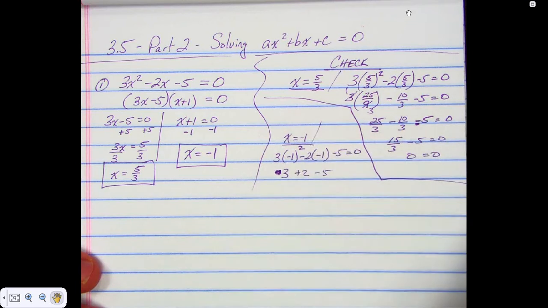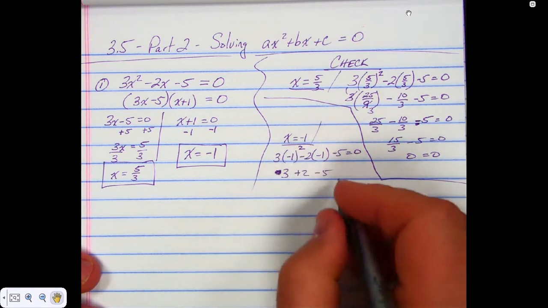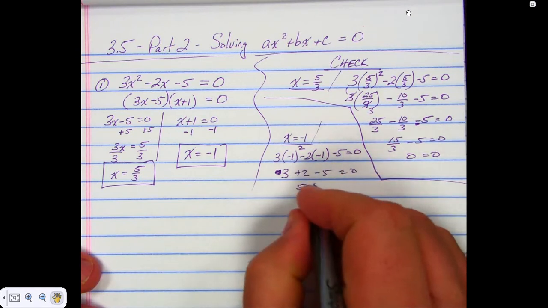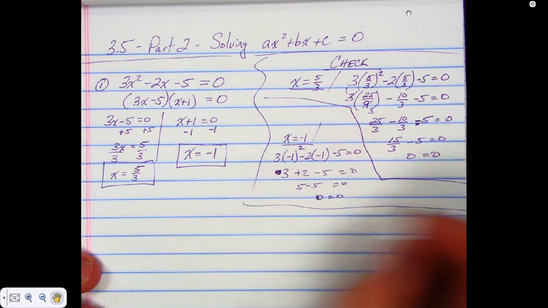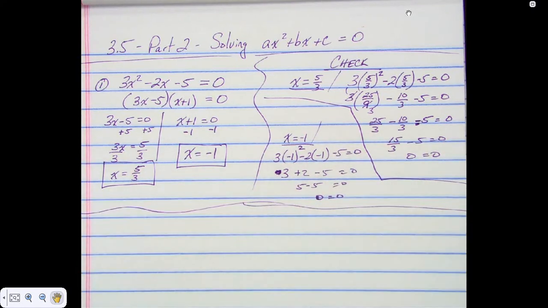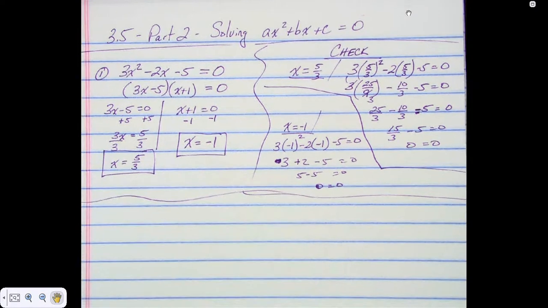What is negative 1 squared? Positive 1. Positive 1 times 3 is 3. So you get 5 minus 5 equals 0. 0 is equal to 0. Now you've done your check. This is number 1 of your assignment.